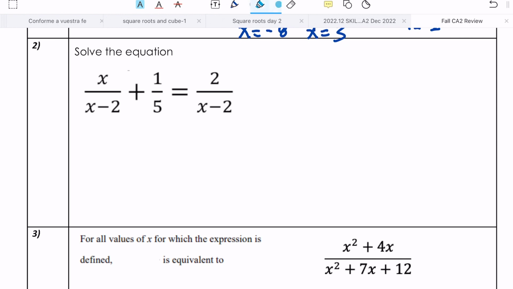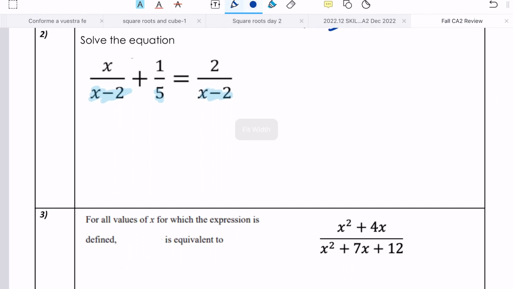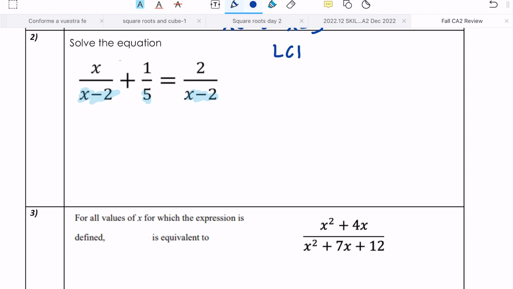So we identify the denominators. We have an x minus 2, we have a 5, and we have x minus 2. So the first thing we need to do is find the LCD. The LCD in this case is going to be 5 times x minus 2. So we see what's missing. Missing on the far left, right? This one, what's it missing?